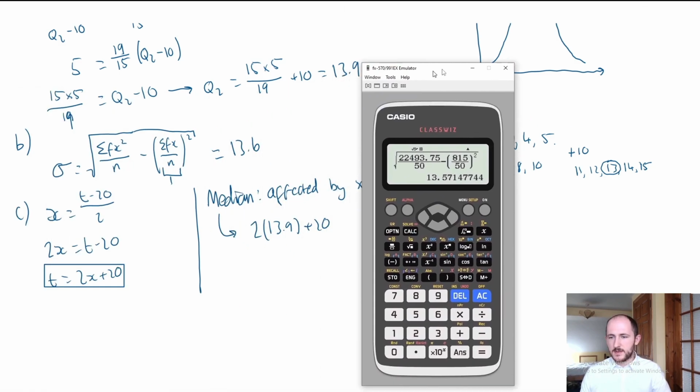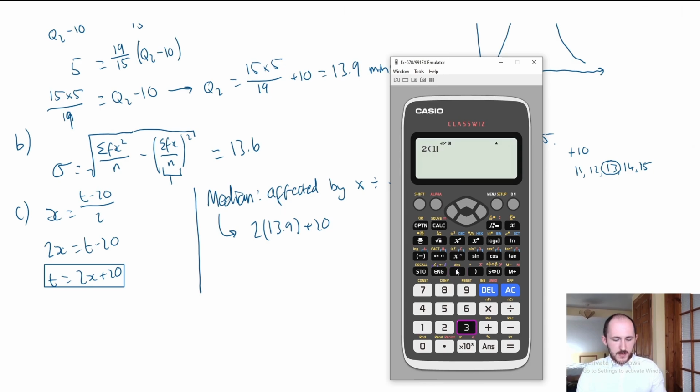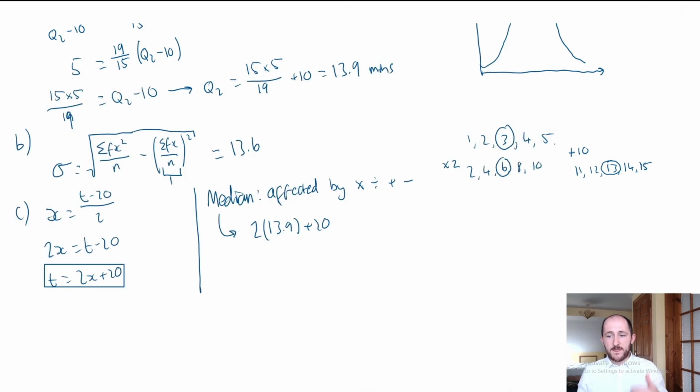And let's just quickly do this on the calculator. So 13.9 plus 20. And that gives us 47.8. That makes sense to us, I hope. So the actual median is 47.8 minutes.